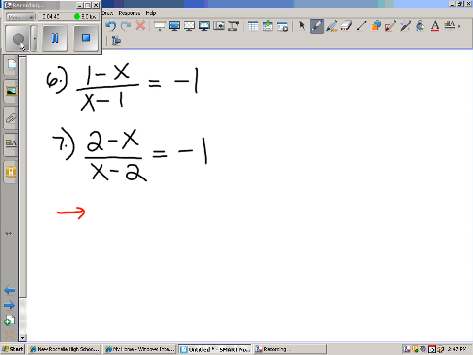So this is what I'm going to do. I'm going to take this thing right here, and I'm going to move it to the front so that it's -x plus 2. And the bottom is going to stay the same. And here's what I did. The greatest common factor of these two, weirdly enough, is -1. Now what happens if you divide this by -1? What do you get?